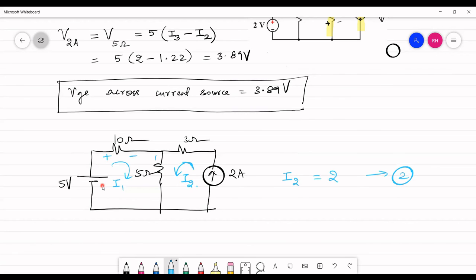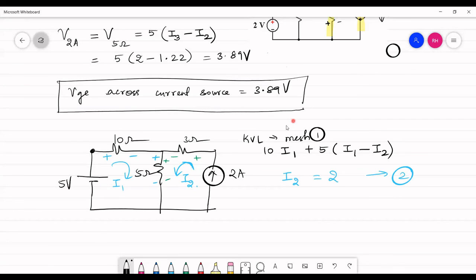To apply KVL, I first assign polarity. After assigning polarity, I apply KVL to mesh 1. Let me start from this point. It is plus to minus. So 10 into I1 plus 5 into I1 minus I2. Remember, I am writing the equation for mesh 1 and hence I have to write I1 and then the other current.